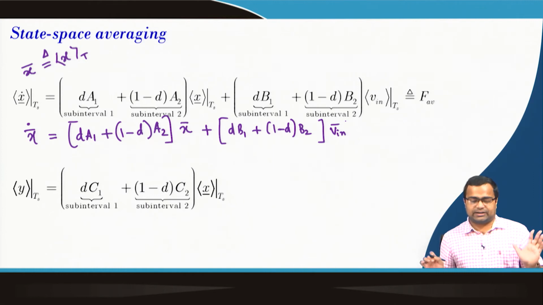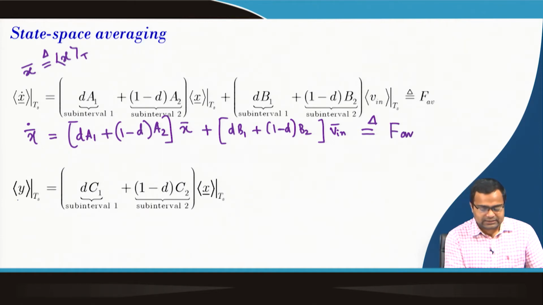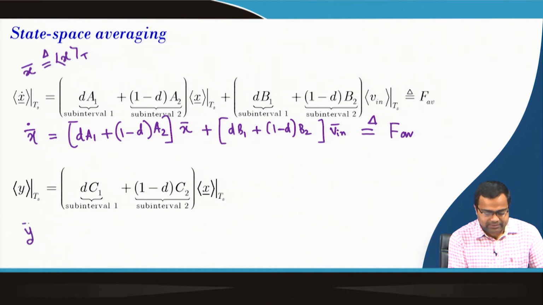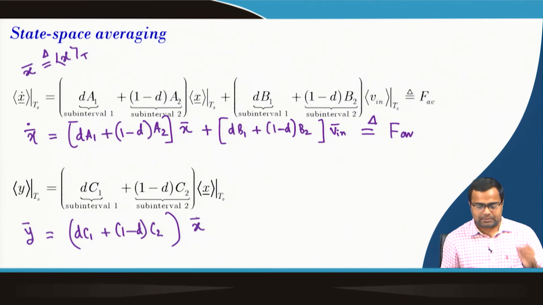These are the average quantities, and we denote this as F average. Similarly, we can write y bar equal to d into C1 plus 1 minus d into C2, times x bar.